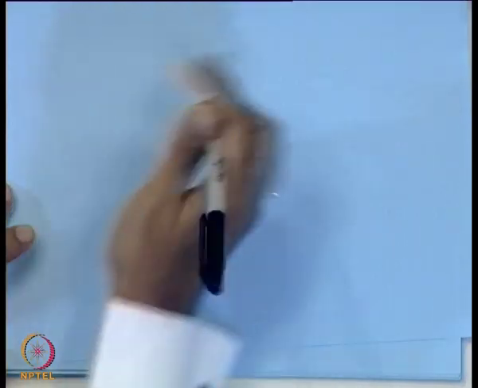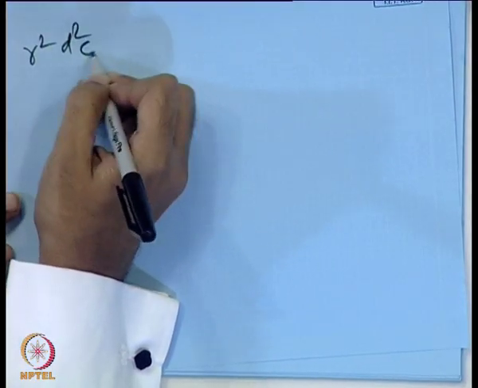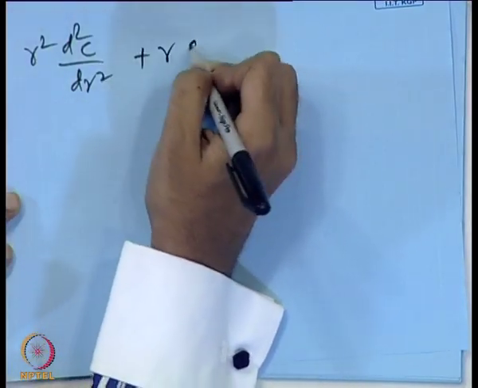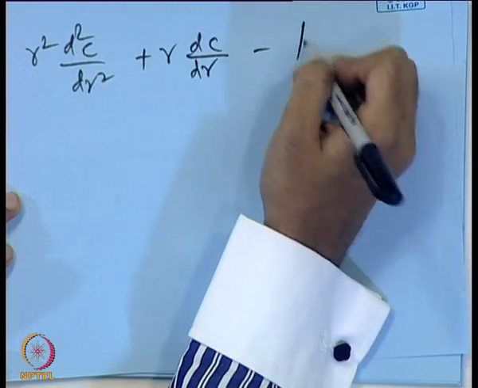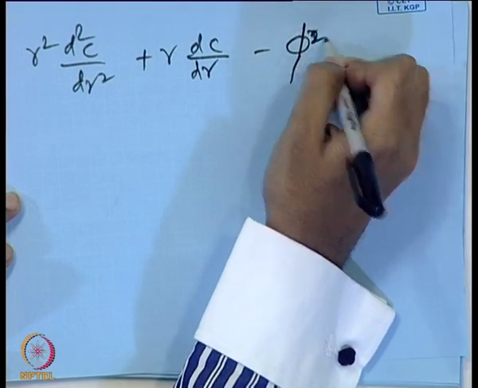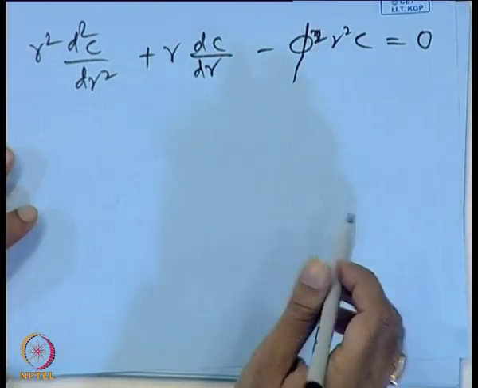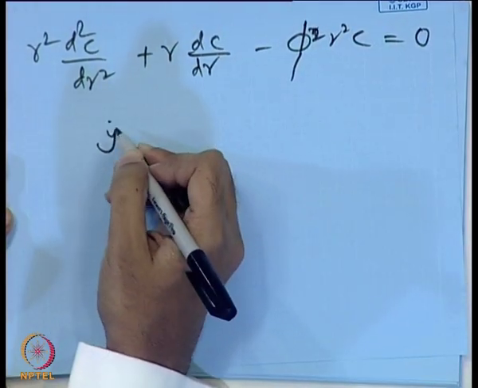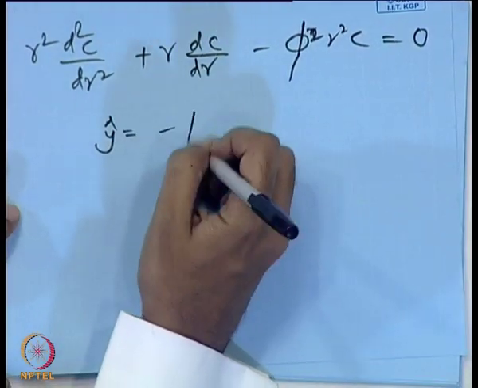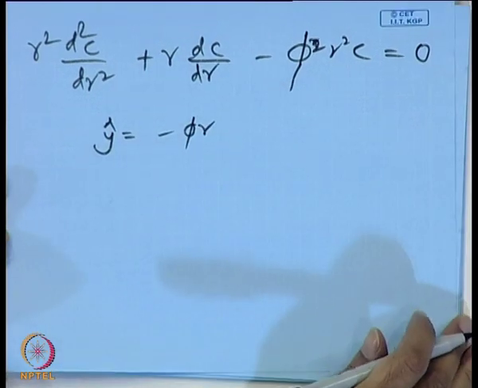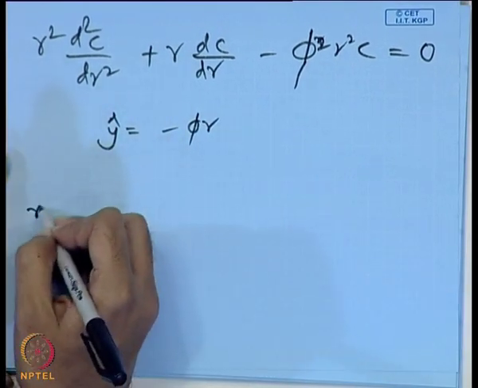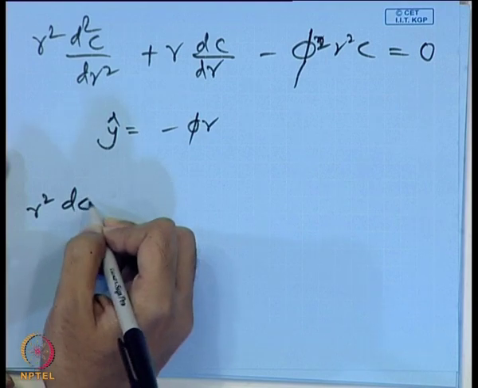If you have r squared d²c/dr² plus r dc/dr minus phi squared r squared c equals 0, I can call my y hat equals minus phi times r. Then you can convert this to another form.